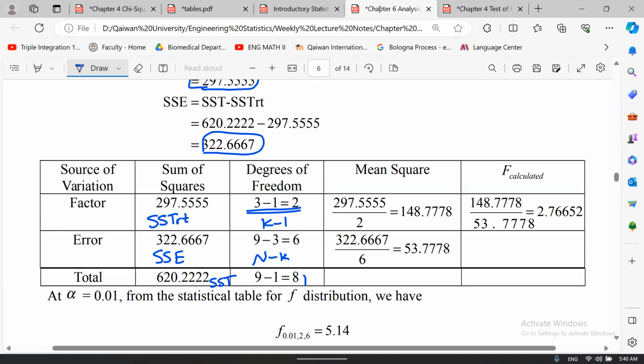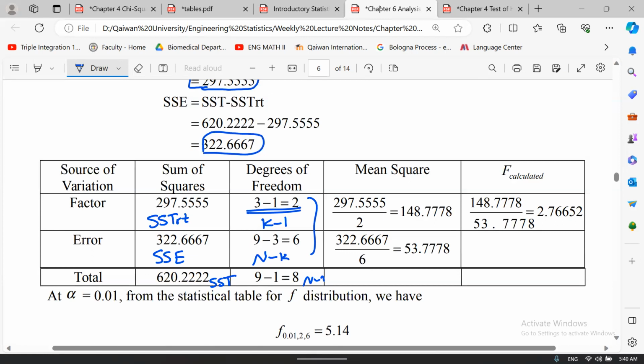In the last one, we have N minus 1, or the sum of these two. The sum of these is 2 plus 6 is 8. It's the same as saying 9 minus 1 is 8.